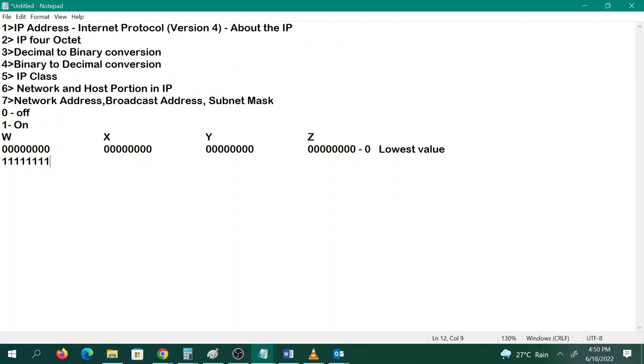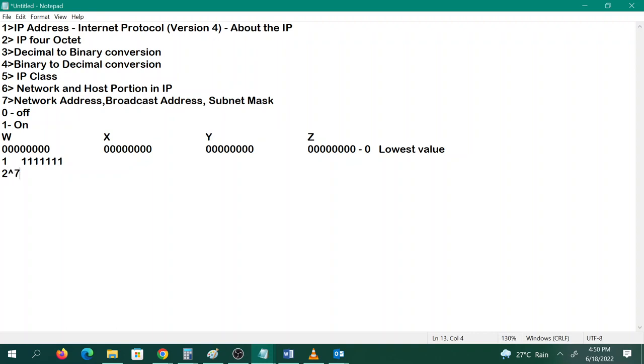Accordingly, if we go to the leftmost bit, its value will be 2 raised to power 7.